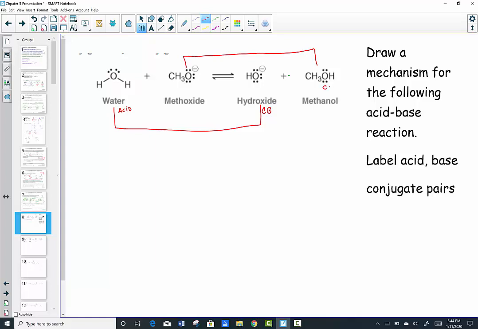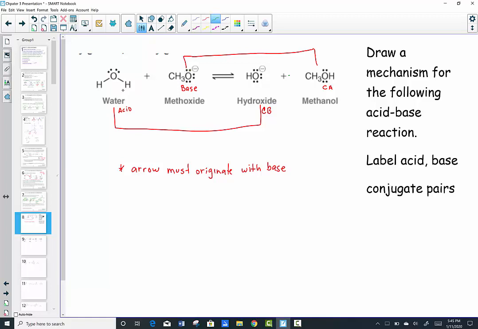Now that you have them labeled, you realize that the arrow must always originate with the base. You point towards the acid from the electron-rich area of the base. So if the methoxide is the base, the electron-rich area is going to reach out for the positively charged hydrogen ions.